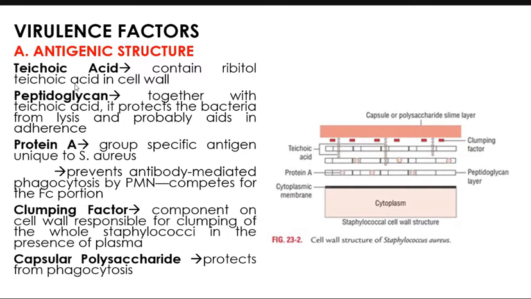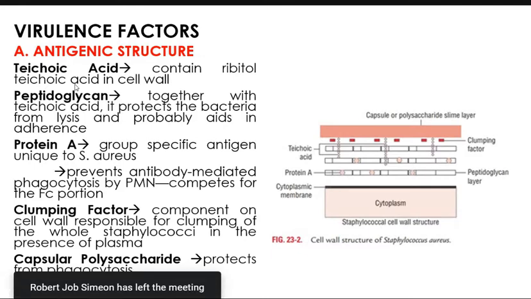So on its cell wall, you see the schematic diagram of Staphylococcus aureus. We see here the different antigenic structures, like for example, your teichoic acid, you can see the arrow, which is the major antigenic determinant of the cell wall of Staphylococcus aureus.